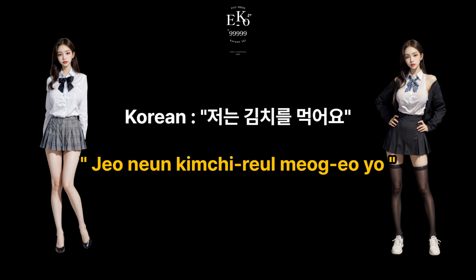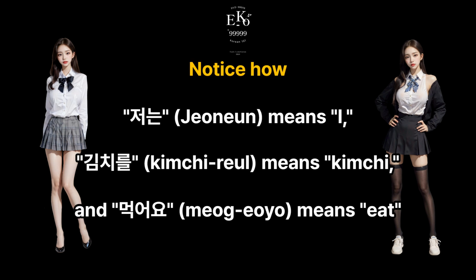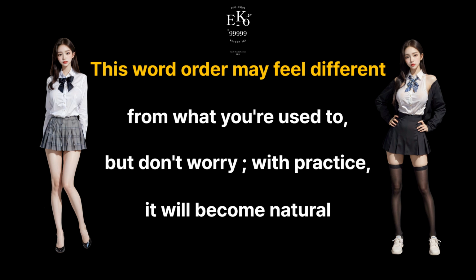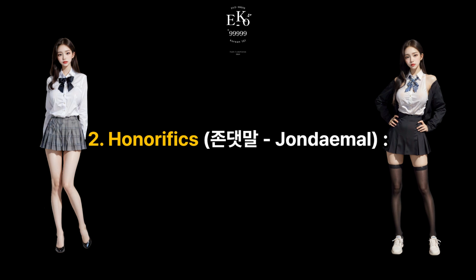Notice how 저는 means I, 김치를 means kimchi, and 먹어요 means eat. This word order may feel different from what you're used to, but don't worry, with practice it will become natural.